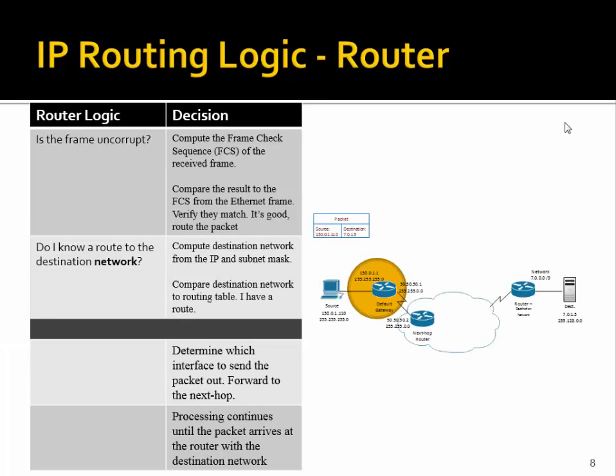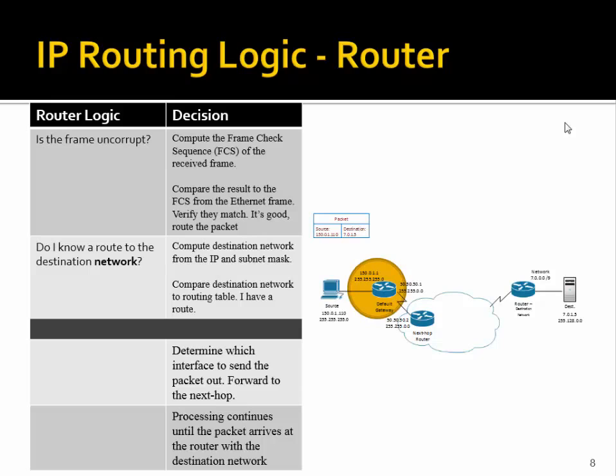So again, the router has made a decision that it has a route to network 7.0.0.0/9, and the packet should be forwarded out interface 50.50. Forwarded to a router. The next hop router in this case is actually titled next hop router and is forwarded to IP address 50.50.50.2.